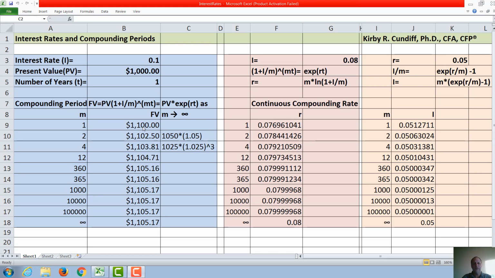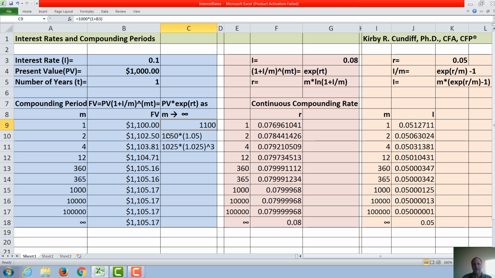Well, the first case is easy. It's just going to equal 1,000 times our rate of 10%, which is going to be 1 plus B3, and that's going to equal $1,100. In our second case, we get compounding twice a year, which means after the end of the first 6 months, you get $1,050, or your 1,000 times 10% divided by 2, or 1.05.